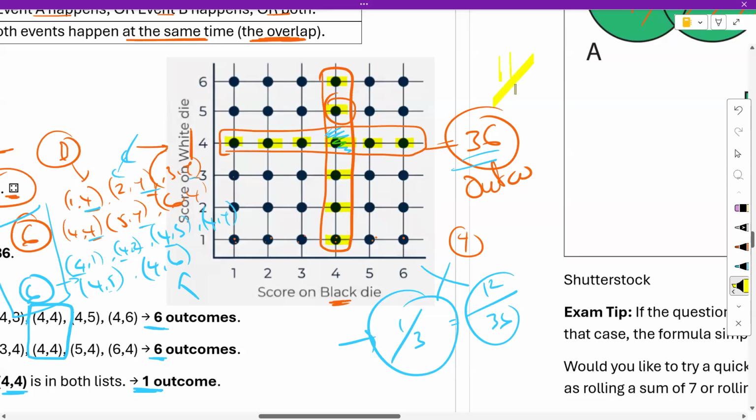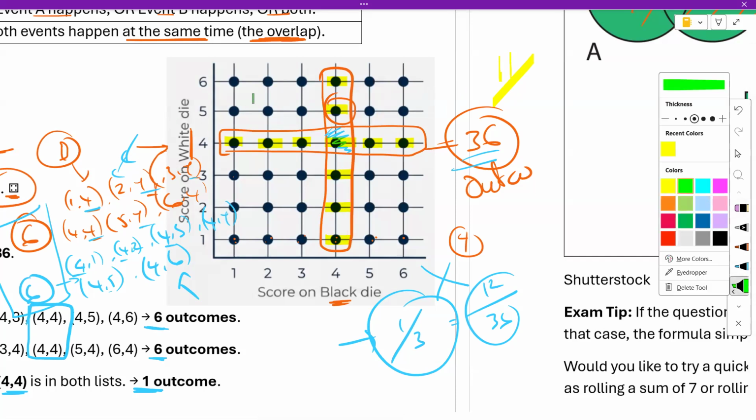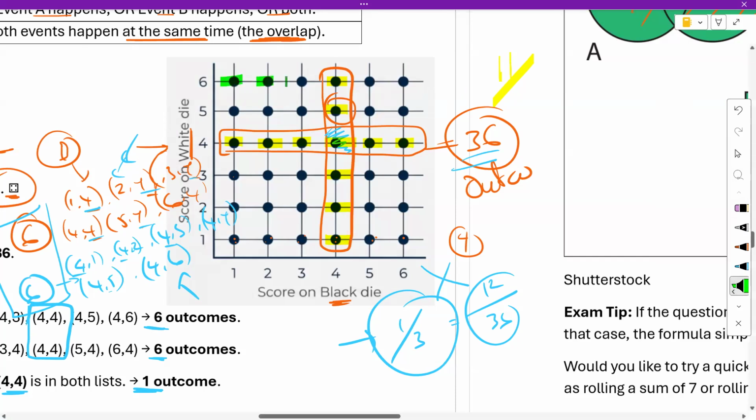Out of the total, what is the rest? I put red, green: 1, 2, 3, 4, 5, 6, 7, 8, 9, 10, 11, 12, 13, 14, 15, 16, 17, 18, 19, 20, 21, 22, 23, 24, 25.